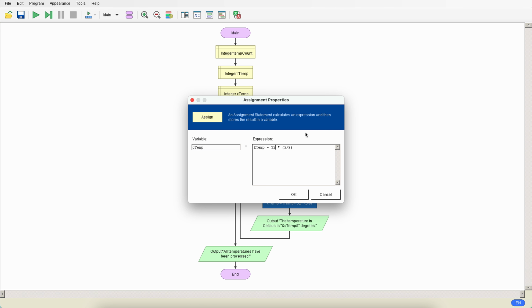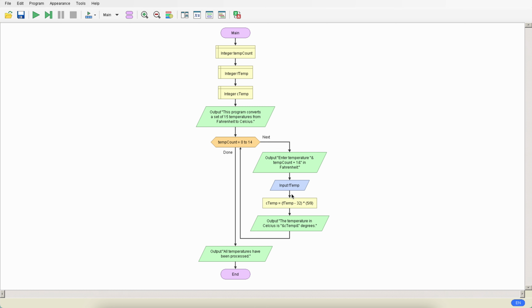So if we open up this calculation, we would simply need to put the Fahrenheit temperature minus 32 in parentheses so that that will run first. That way it arrives at this number before multiplying it by 5/9.